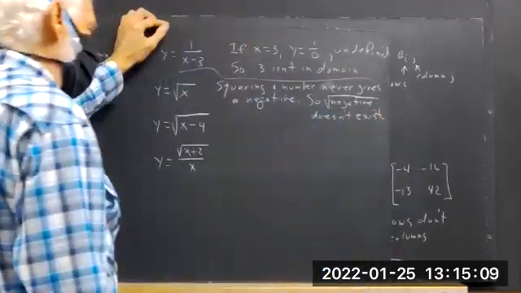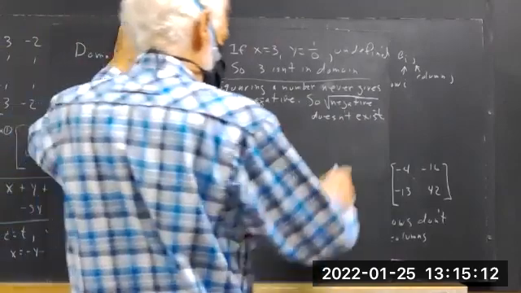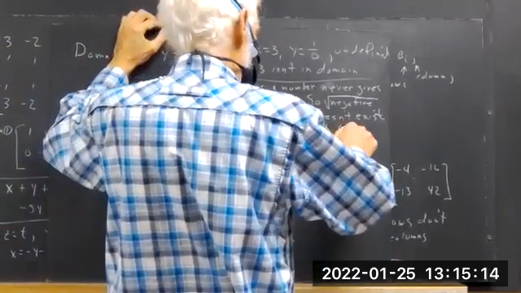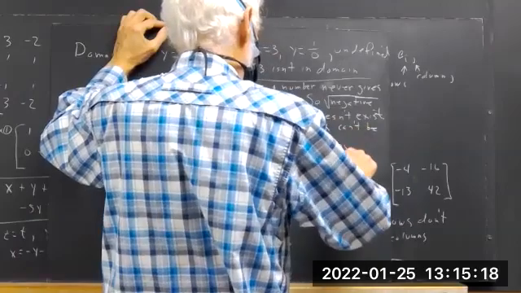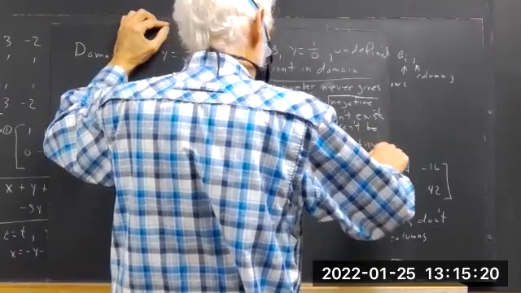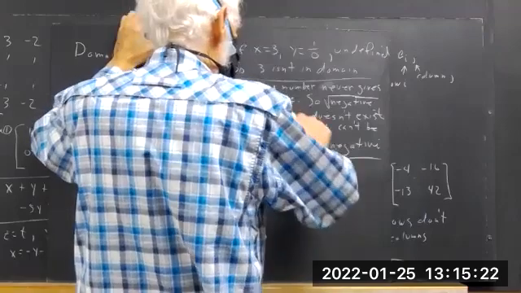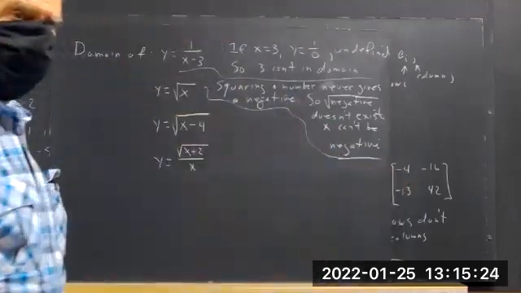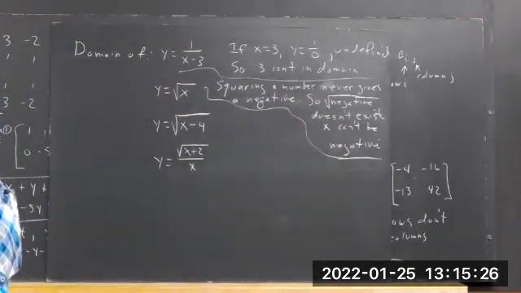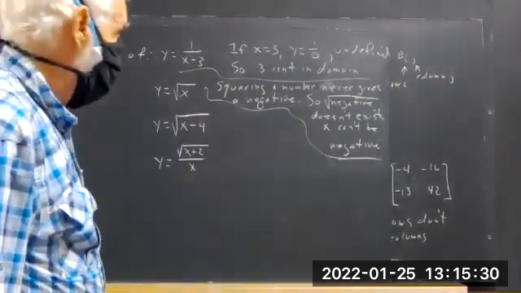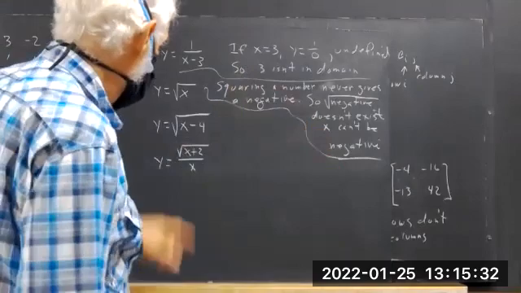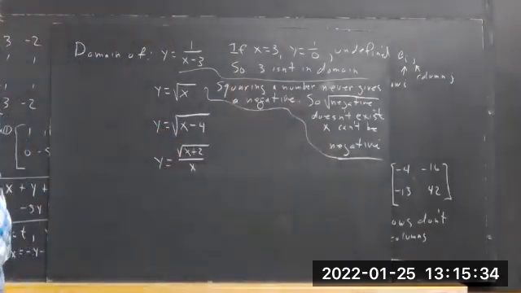The square root of a negative doesn't exist. Now, similarly, the square root of a negative doesn't exist, so x minus 4 can't be negative, right?